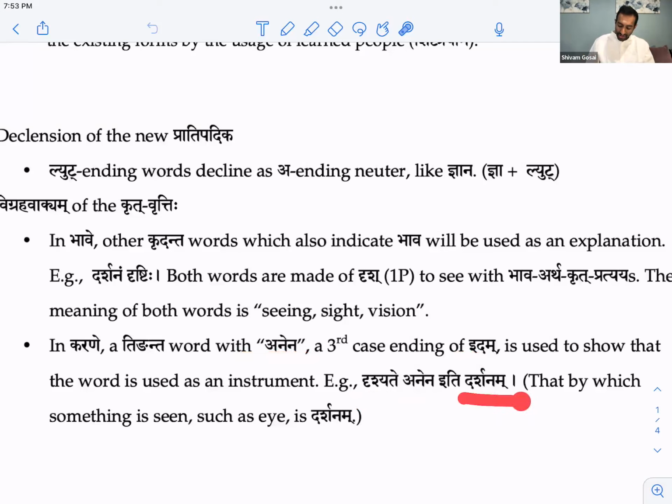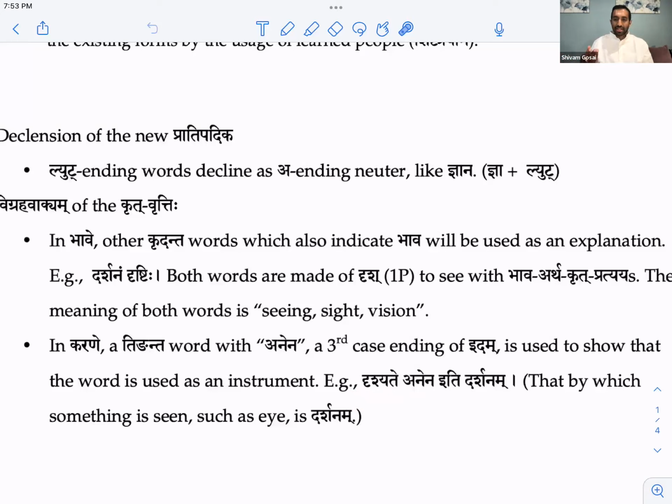So darshanam iti is that by, and then anena, by which this drishyate is seen. Darshanam is that by which something is seen.